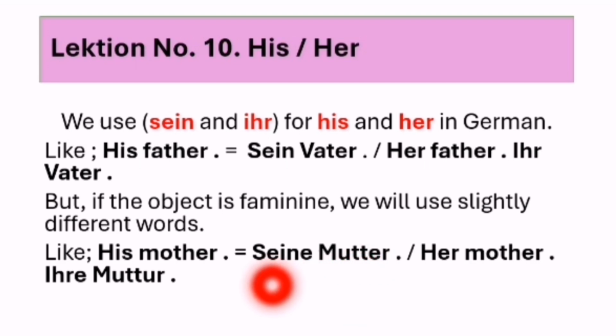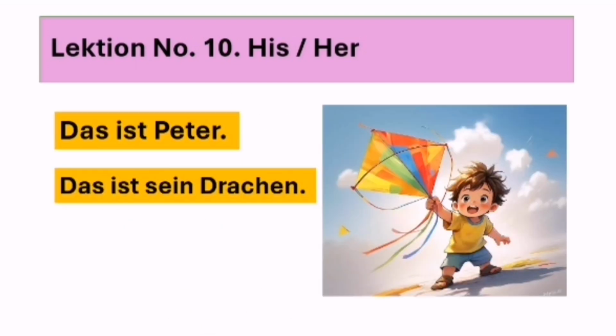Here you can see we used sein Vater, seine Mutter, his father, his mother; her mother, ihre Mutter. For her father, ihr Vater. For her mother, ihre Mutter, because Mutter is feminine. So we changed ihr to ihre and sein to seine in this case.